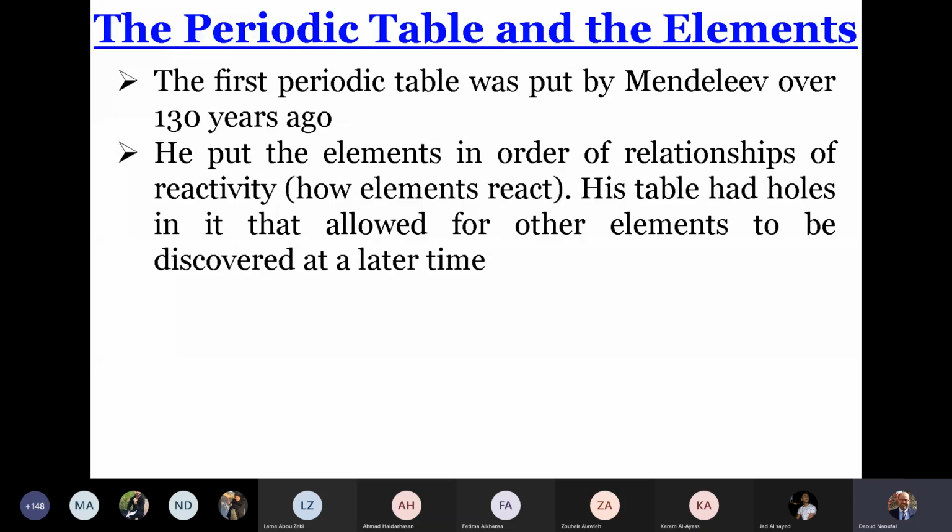We observe that this reaction behaves the same way, and this reaction is exothermic. So we say that sodium and potassium have the same chemical reactivity. So Mendeleev put these elements in the same column. So elements of the same column have the same or similar chemical properties.